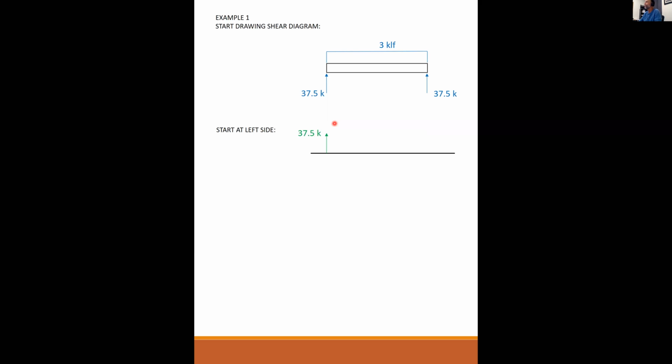The change in shear is equal to the area of load between any 2 points. So the change in the shear is equal to the load. The load goes straight up 37.5, so the shear diagram goes straight up 37.5. Now, between points A and B, what is the change in the shear diagram equal to?